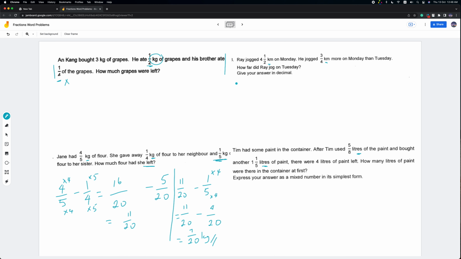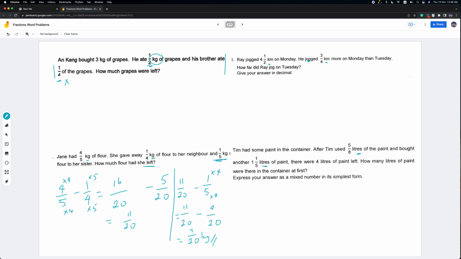Now, next question. Ray jogged 4.5 kilometers on Monday. He jogged 3/4 kilometers more on Monday than Tuesday. Now, with this kind of question, the problem comes in understanding what the setter is saying. You need to know which day he jogged more.